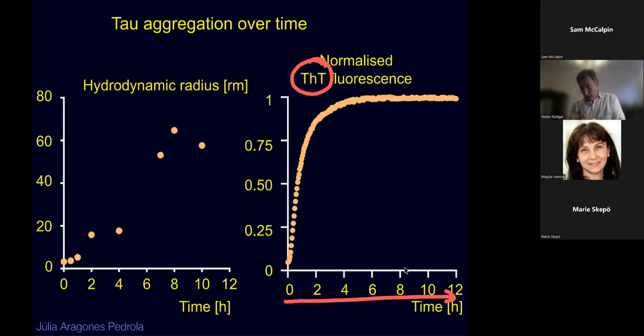Now we can take samples and measure in this FIDA instrument the hydrodynamic radius, in nanometer here. When we measure that, we see that the size simply increases over time. This means we now have a tool to characterize the size of these fibrils and, for example, test the chaperone activity on our fibrils.